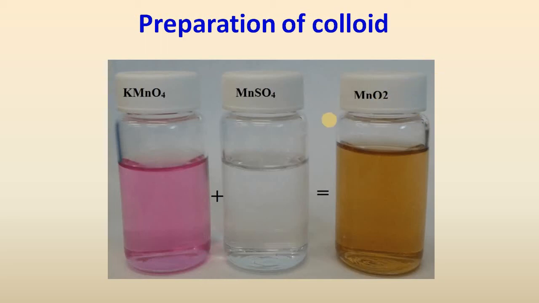So here I have shown preparation of colloidal manganese dioxide by the reduction of potassium permanganate by manganese sulfate in neutral aqueous solution at room temperature. The colloid remained stable for several months and was dark brown in color.